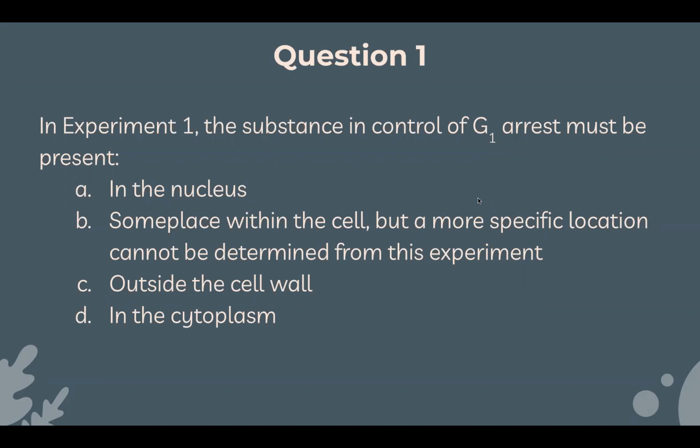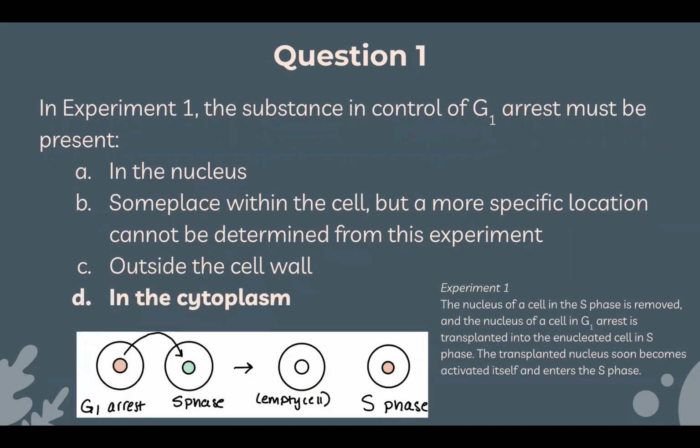All right, so for this question, the correct answer is D. Only the nucleus of the cell that was arrested in G1 was transplanted, which was later activated after the transplant. Therefore, the substance in control of G1 arrest was not the nucleus or inside of the nucleus, but has to be outside of the nucleus, which is the cytoplasm.